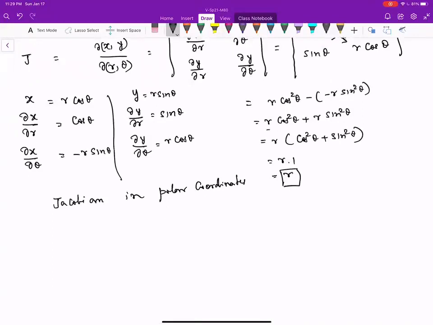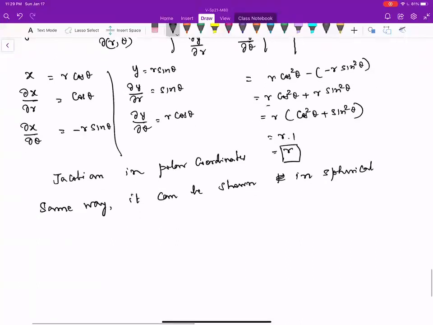In the same way, it can be shown that in spherical coordinates the Jacobian is equal to rho square sine phi.